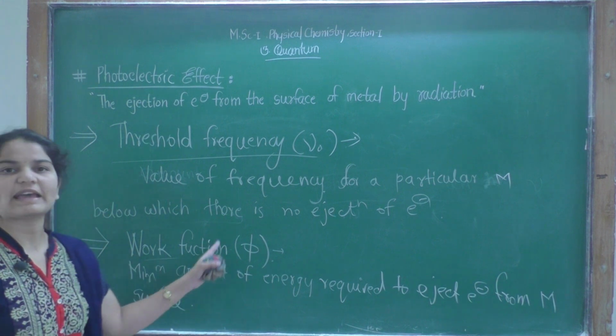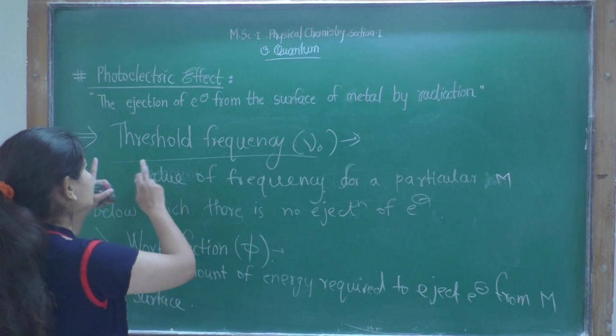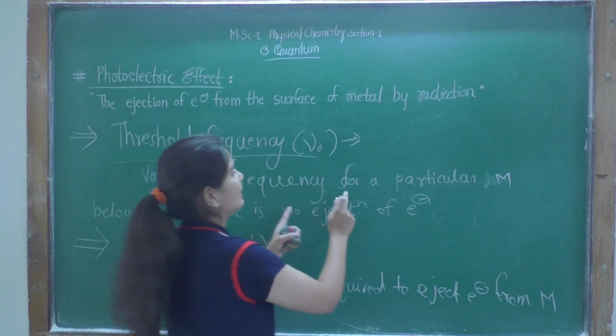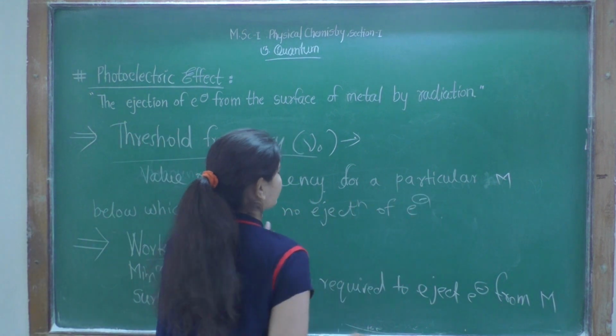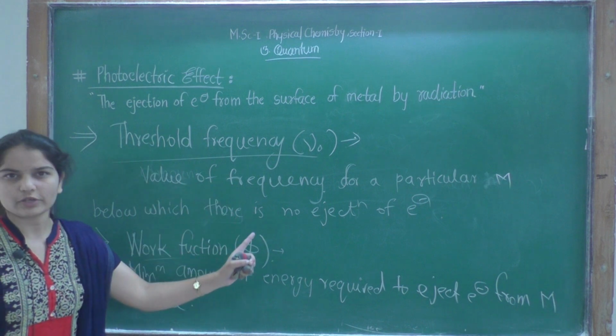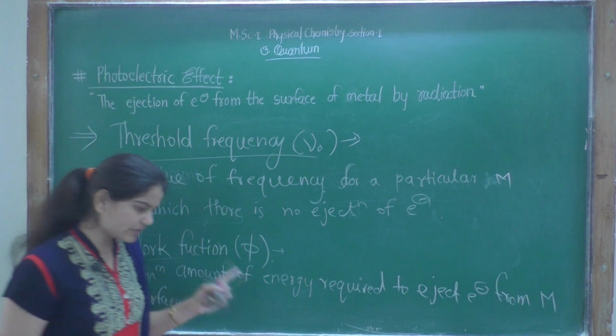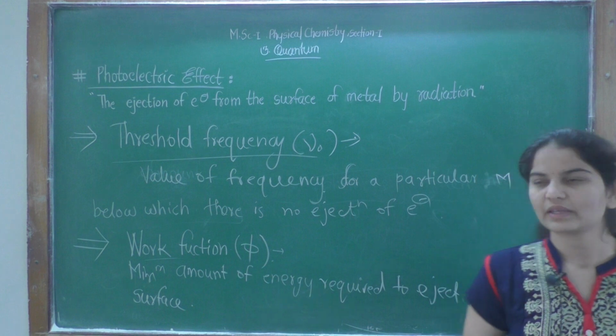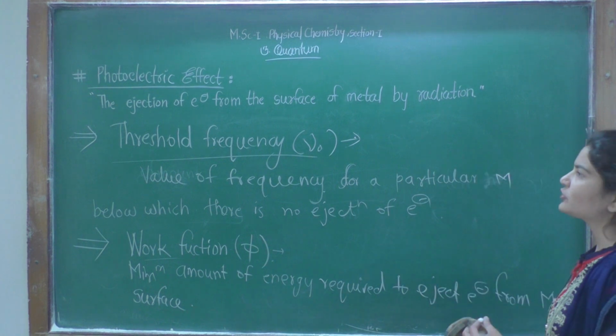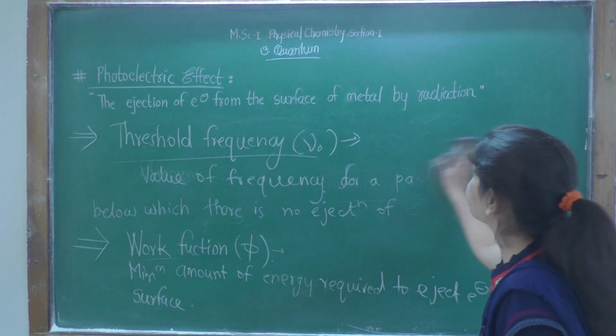That energy is called the work function of that metal, and the threshold frequency is also for a particular metal. For different metals, different threshold frequencies are observed.